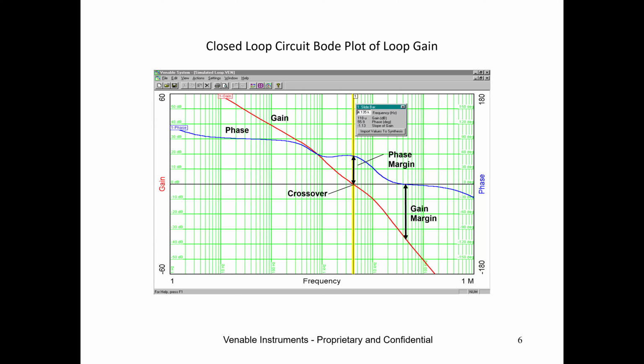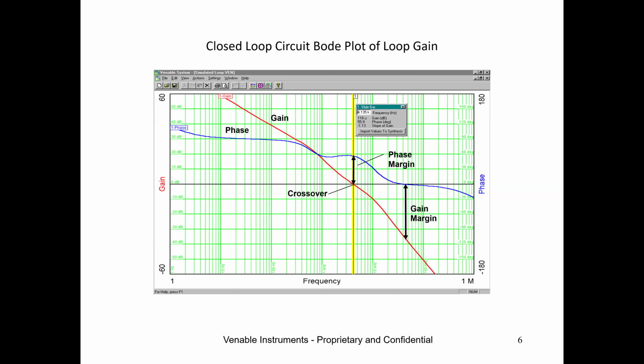So this is basically what you would see if you measured a DC-DC converter. You're going to have very high gain at low frequencies. It's going to cross over probably in the tens of kilohertz range or even higher now. And you can find the crossover with our slide bar.